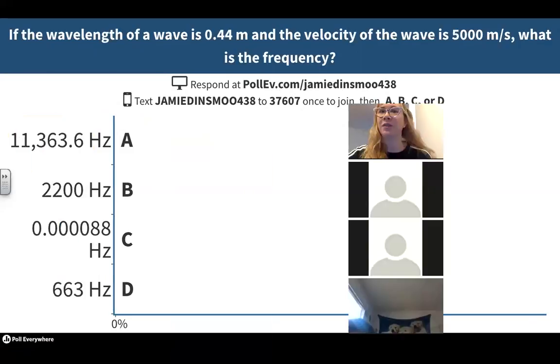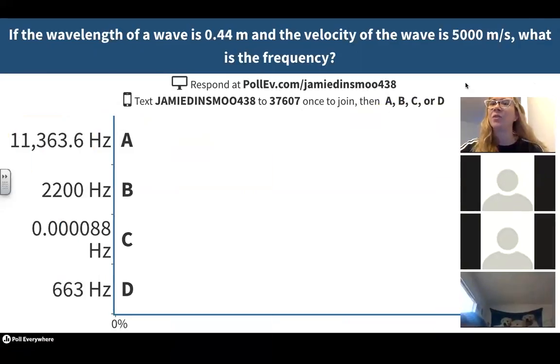And I'm gonna move this thing out of the way here. So you guys are gonna be solving this question, right? If the wavelength of a wave is 0.44 meters and the velocity of the wave is 5,000 meters per second, what is the frequency? It was supposed to show my little formula.